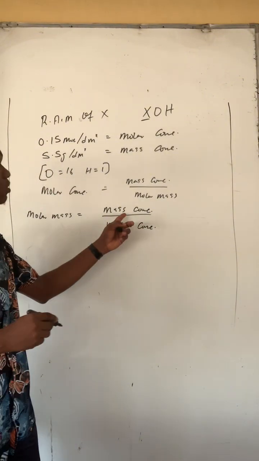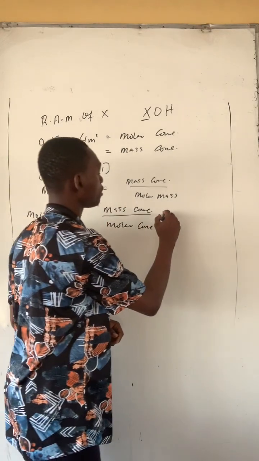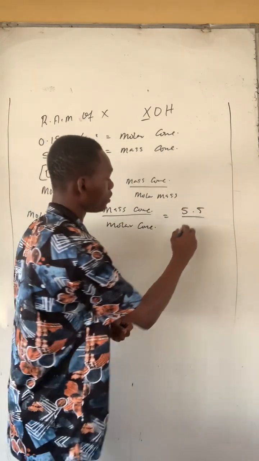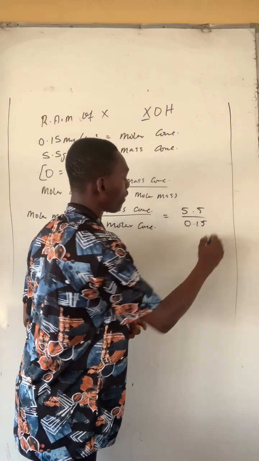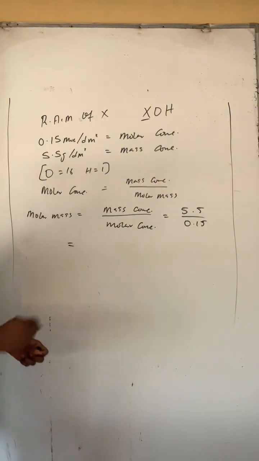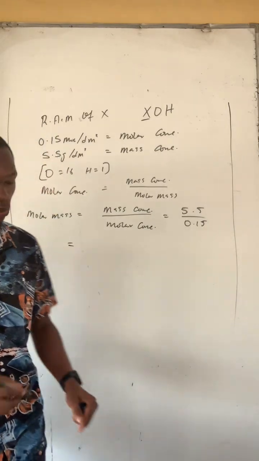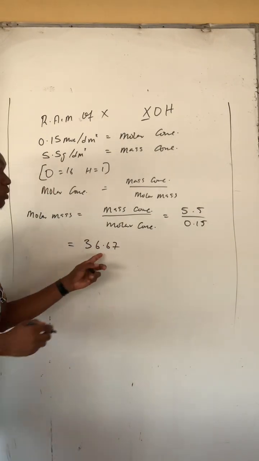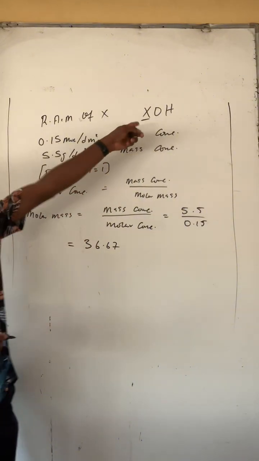The mass concentration given to us is 5.5, and the molar concentration is 0.15. Now let's divide that in order to get our molar mass. If we do that, it will give us 36.67.